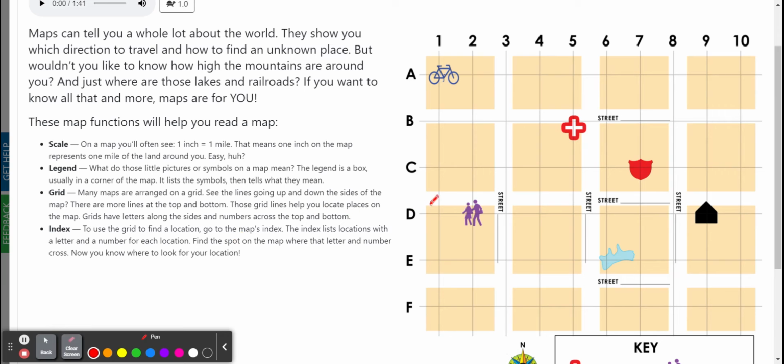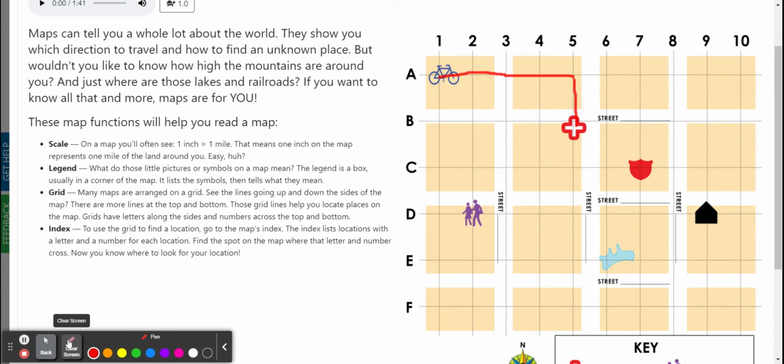So we're going to go right here, and we're going to look using the scale from this bicycle right over here, and we're going to go down to this hospital. So take a look here as we go across. We're going across one section, two, three, four, and then we're going to go down from here to here. So there's 5 total sections.